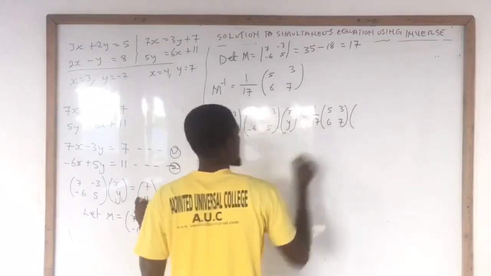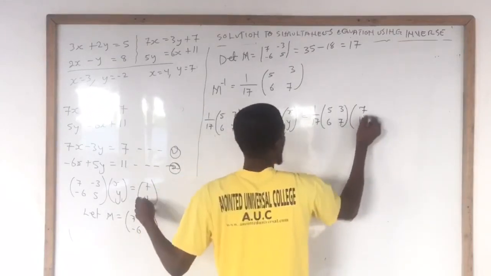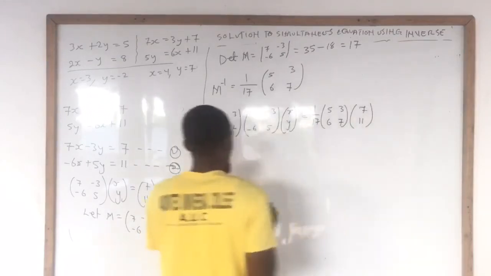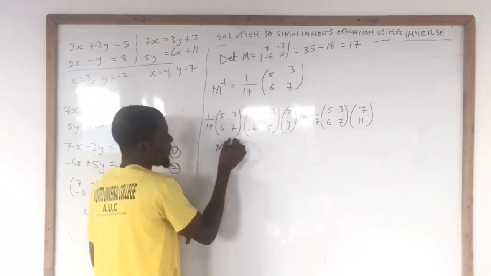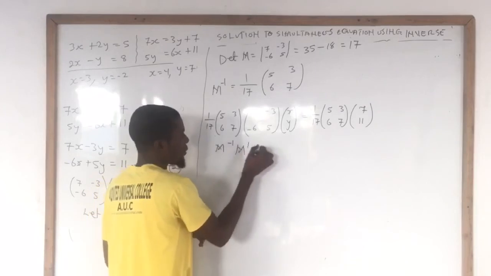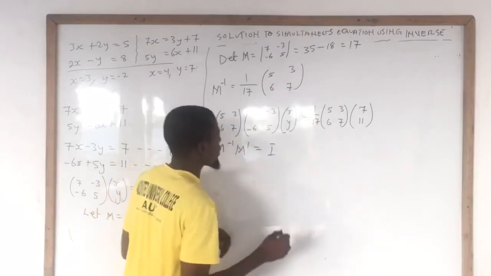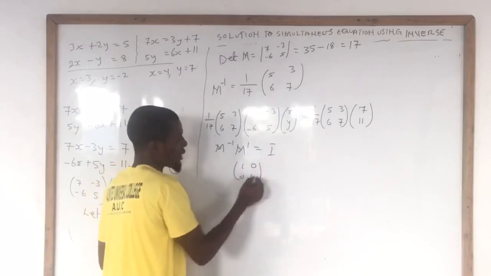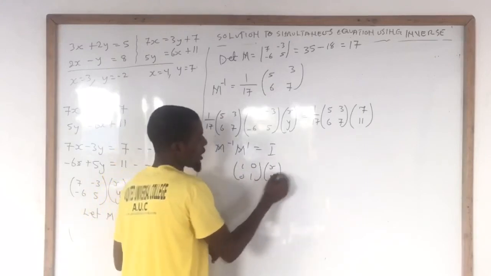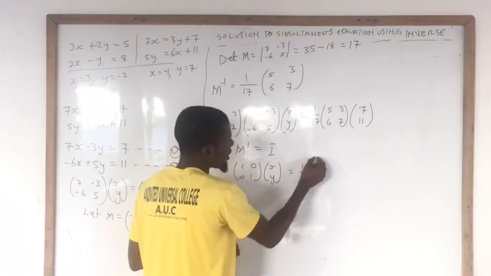So multiplying, this is 7 and 11. Alright, so of course, we know when M inverse multiplies itself, we get an identity, which is 1001. So this one gives what? 1001 multiplying xy equals 1 on 17.